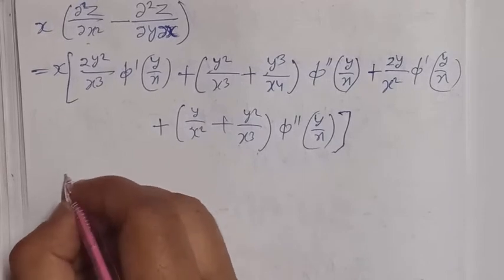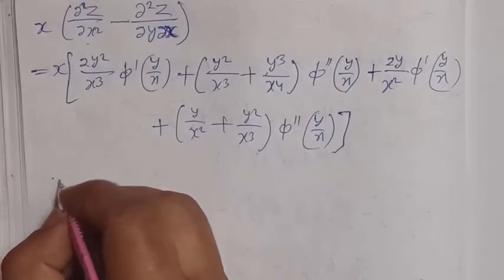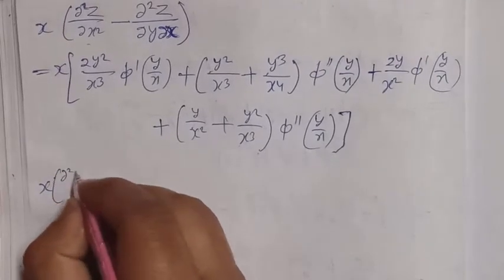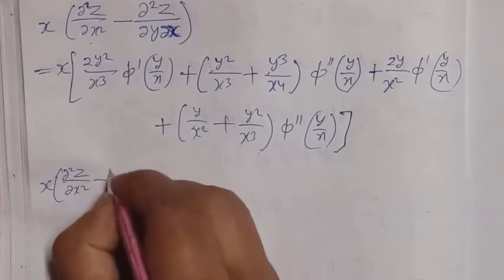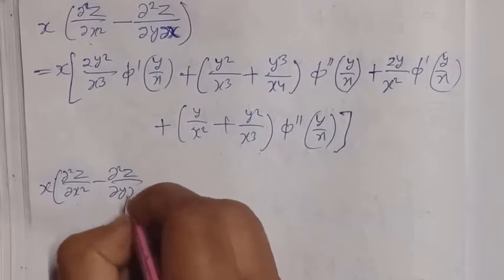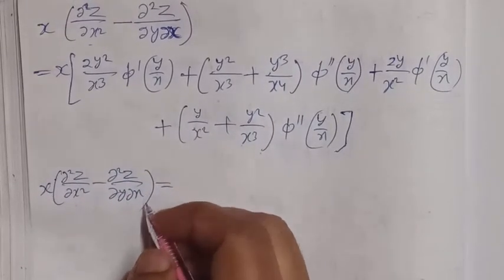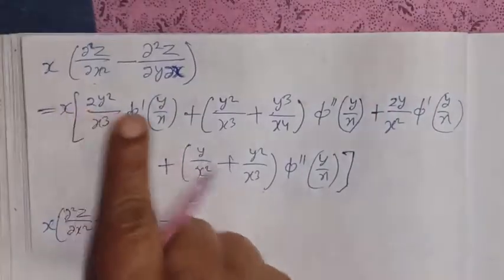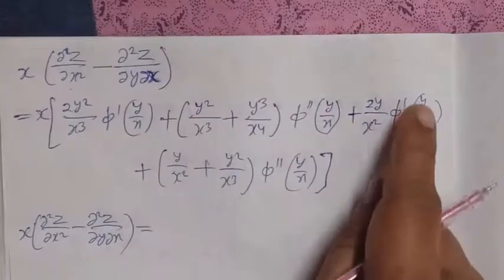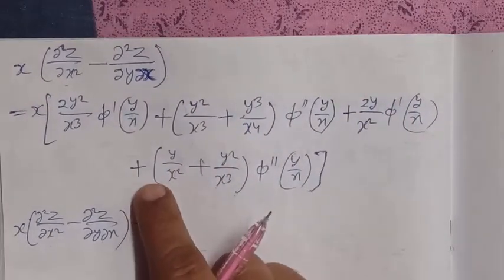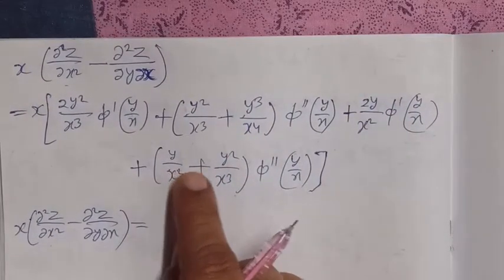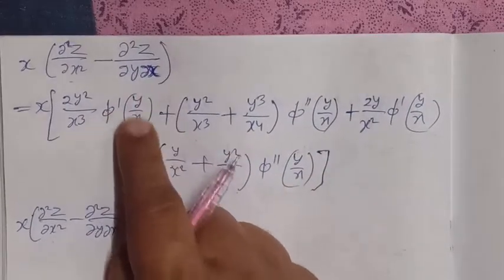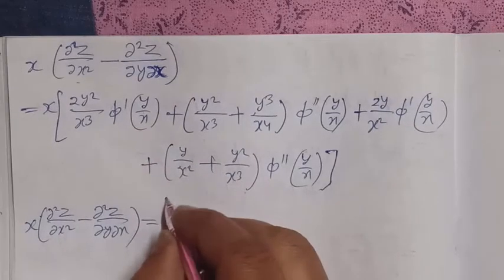Now I want to collect like terms so that our left hand side, x del 2 z over del x square minus del 2 z over del y del x, becomes, on multiplying x in all the terms, the coefficient of phi dash y upon x as follows.